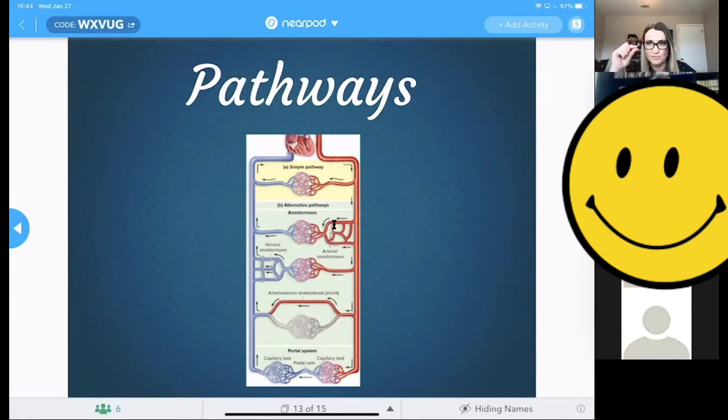It's also very small. We have a much, much bigger portal system in our body as well, and that's your hepatic portal system. And this is where the blood that's coming from your digestive system is going to drain into a hepatic portal vein. Then hepatic portal vein is going to go to liver, where it branches through the liver.